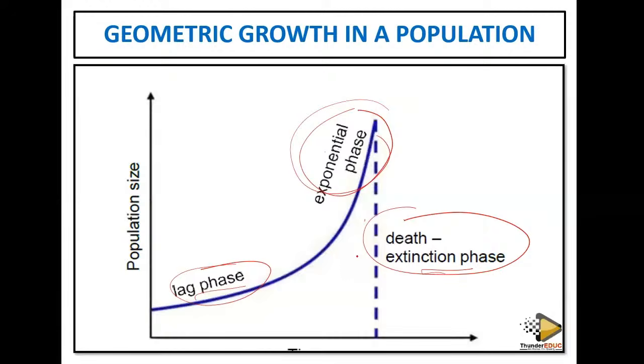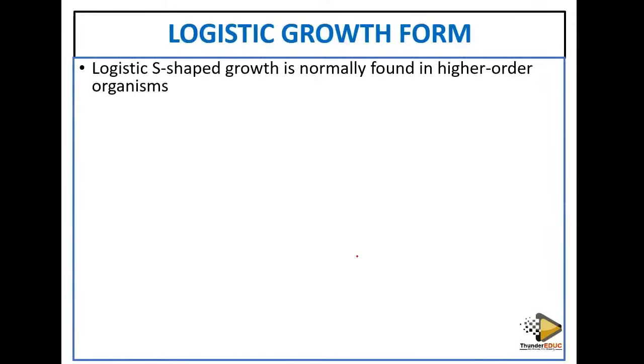You understand? So what about the logistic curve? That one is much better at describing the population size. It is very common in big animals like humans and wildlife.